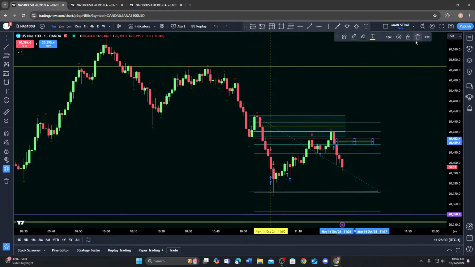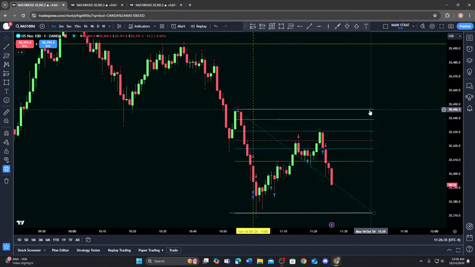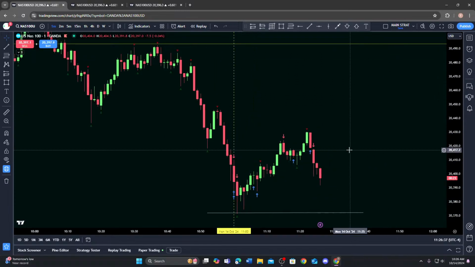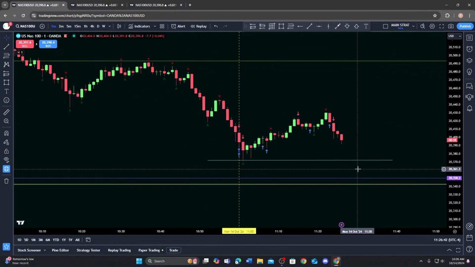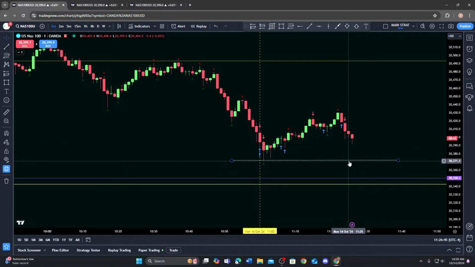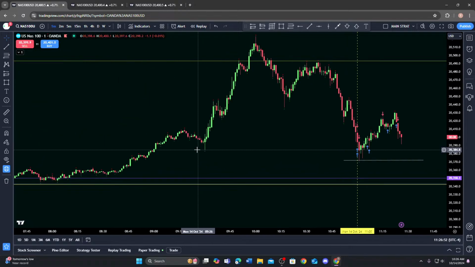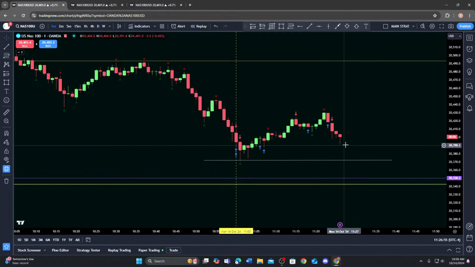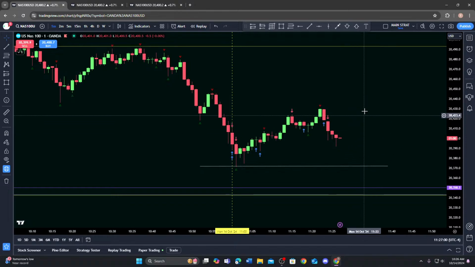Just remove these. So now what we're going to watch for is if we can make a swing high here before taking out this sell side. We've already taken out minor sell side here. So if we can make a swing high here and give us an order block to enter off of, we can aim for this buy side, this buy side, and that buy side.